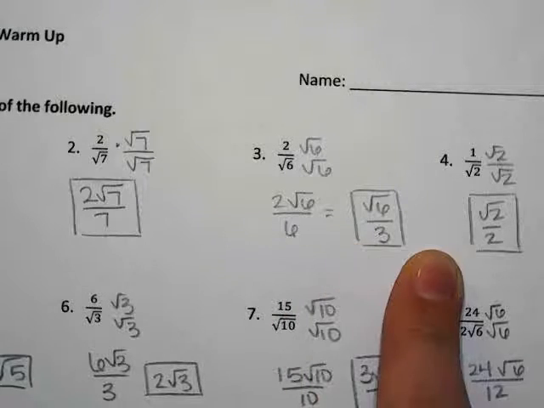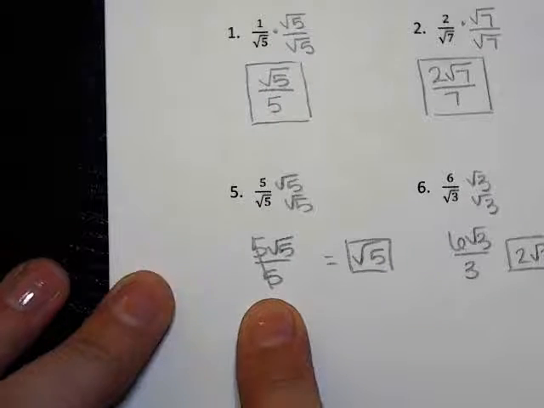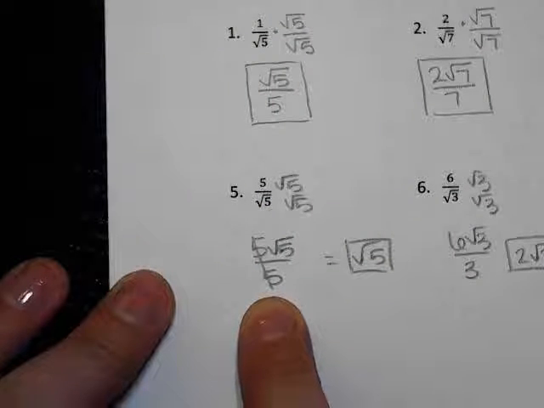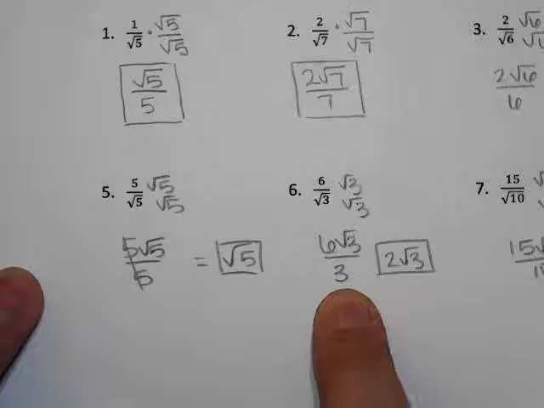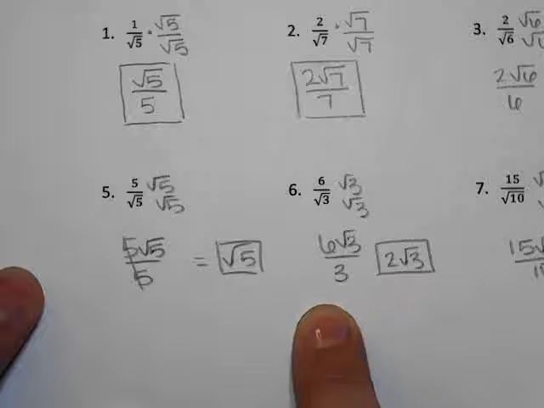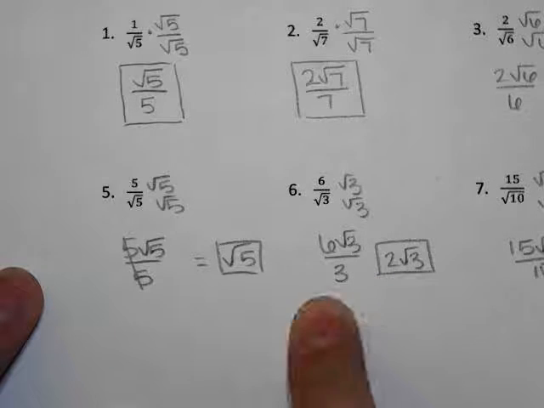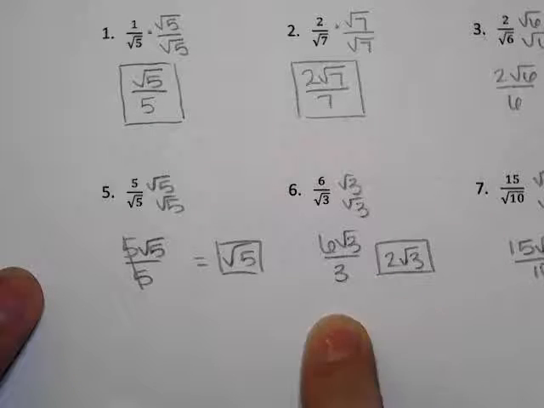Okay, and then 4 is 4. And then you get to number 5 and you go, ooh, those 5s can cancel. And you get to number 6 and you say, oh, 6 divided by 3 is 2. We get some reducing. Everyone get some reducing on number 6? Yes, Miss Rice, we did.